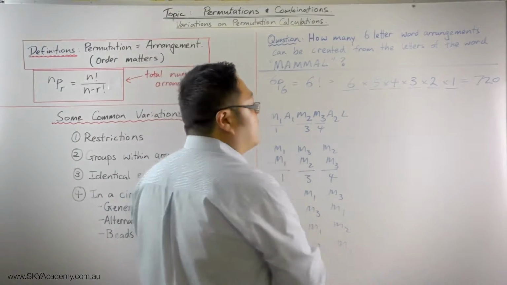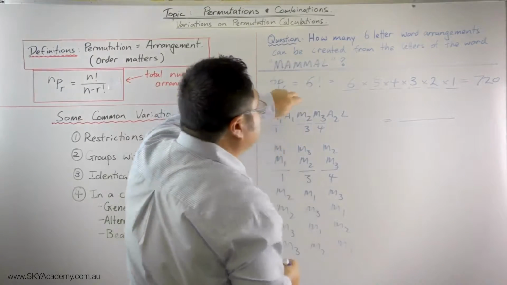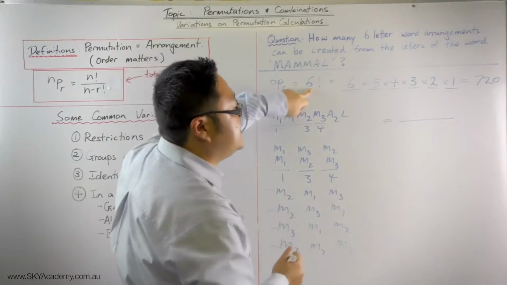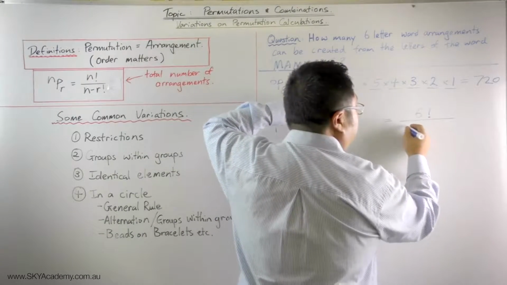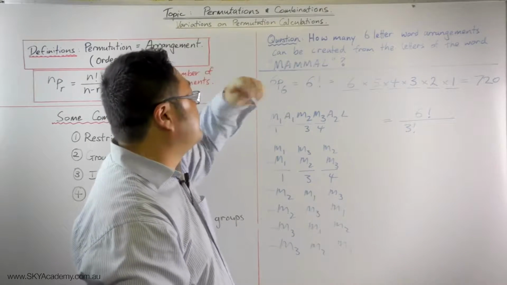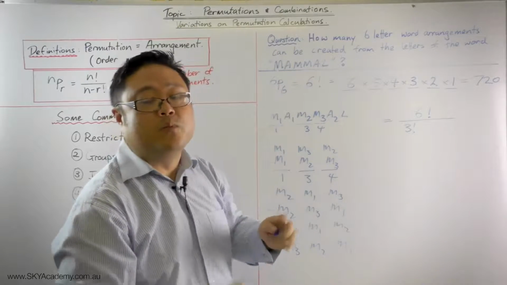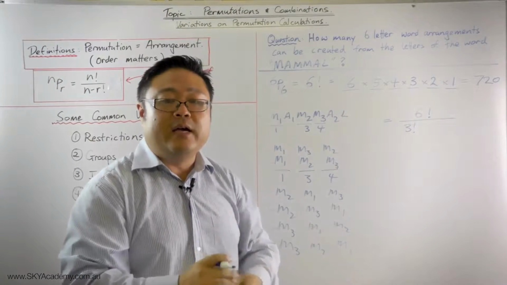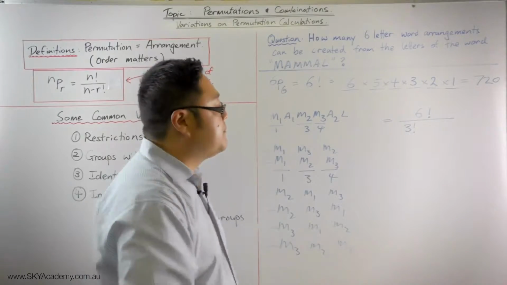So basically what you've got is the total number of arrangements if you had 6 distinct elements, which is 6 factorial, divided by 3 factorial, which is the number of internal arrangements for these 3 distinct M's, which, if they were distinct, would all be collapsed down into one arrangement if they were all identical.